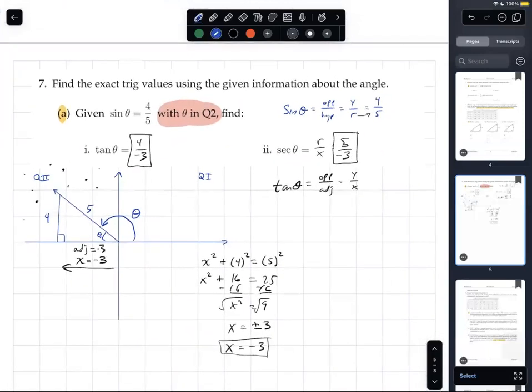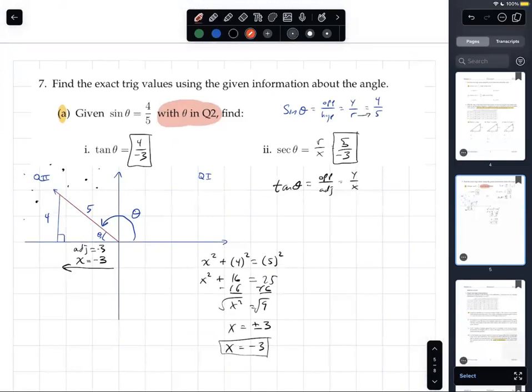So theta is in quadrant 2. The angle terminates in quadrant 2, and then using that terminating side that I've drawn, we can draw a little triangle to reference. All right, good. Any other questions with problem number 7?